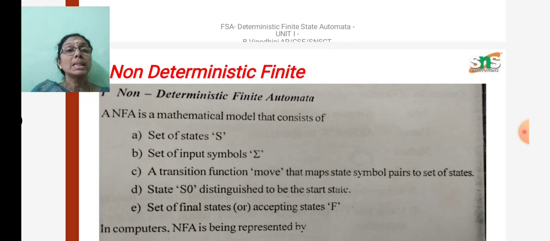In the non-deterministic finite automata we also have the 5 tuples: a set of states, a set of input symbols, and the transition function move, which maps from one symbol to a set of states. This is the main statement that differs between NFA and DFA. Next is a starting state, and finally we have the final states.